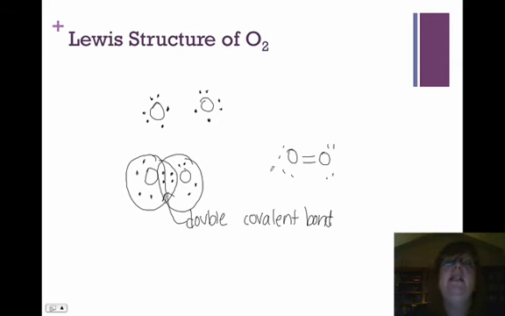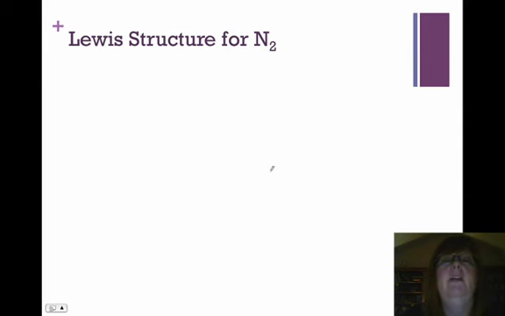All right, let's look at our last diatomic molecule, and that is nitrogen. Nitrogen has 5 valence electrons. It needs 3 more. Let me redraw this one over here.